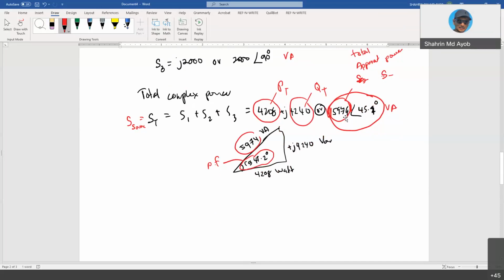So your generator should be able to generate 5974 apparent power or VA, because P and Q are always changeable, always varied depending on the load demand and so on. But usually for the rating of the power generator, we always refer to the apparent power.